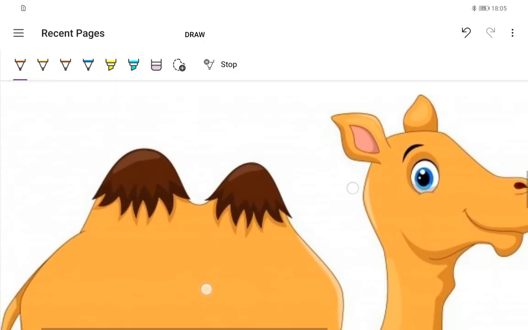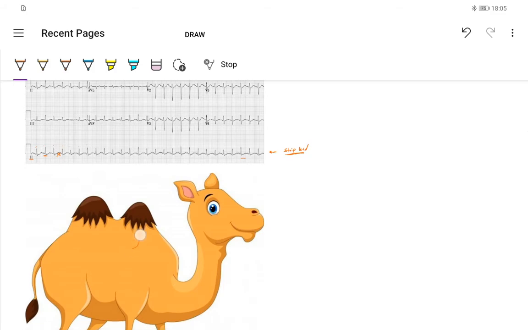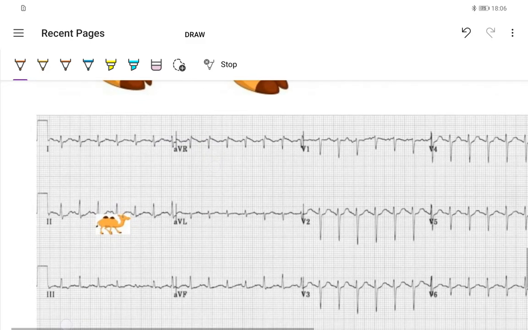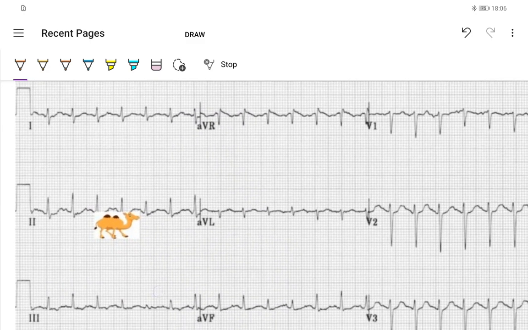This is called camel hump, like the camel's hump. Assuming this is a T and this is a P, it will become more apparent here. And this is a P and this is a T.